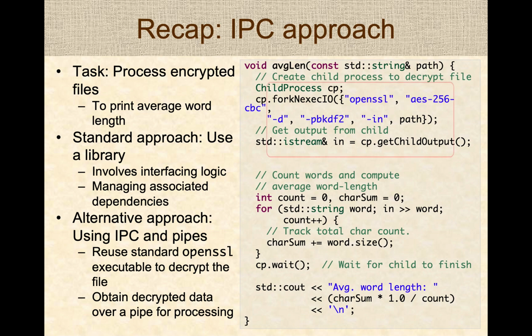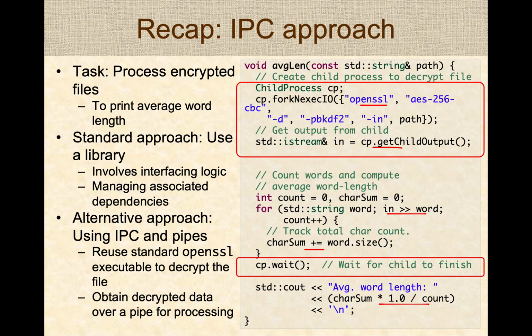And here in this example, remember we used fork and exec to run OpenSSL as a child process. And then we also used an anonymous pipe to get the output from OpenSSL so that we can do some convenient processing of the data to calculate some word length and print the data out. And of course, it's important to keep in mind when you use child processes, it's a good idea to wait for the child process to finish.